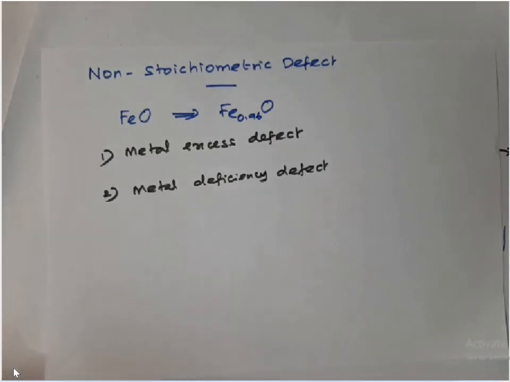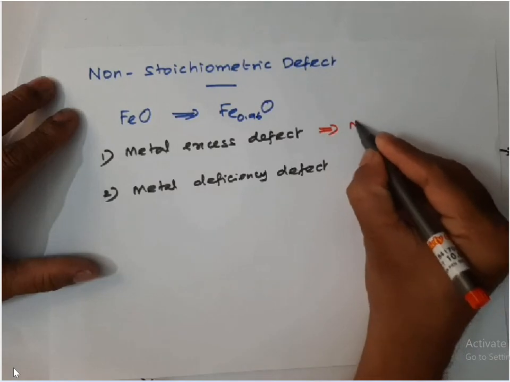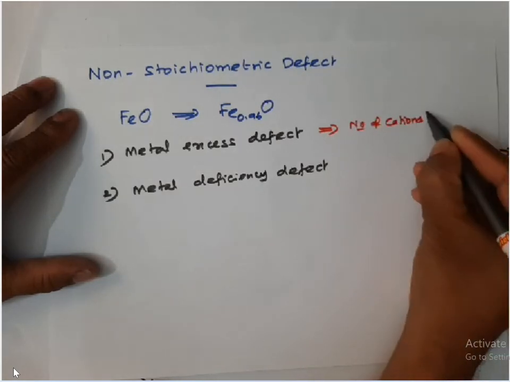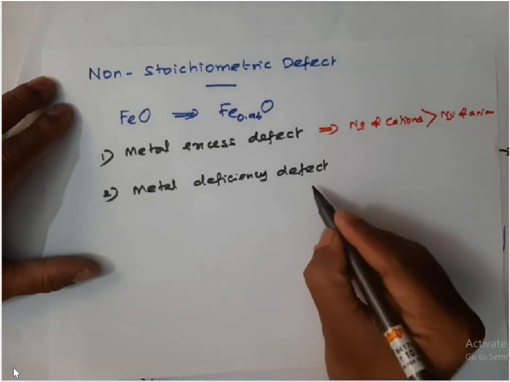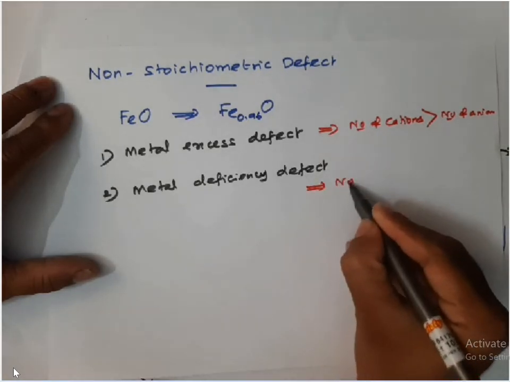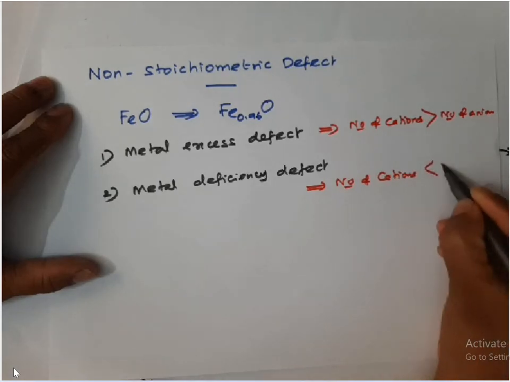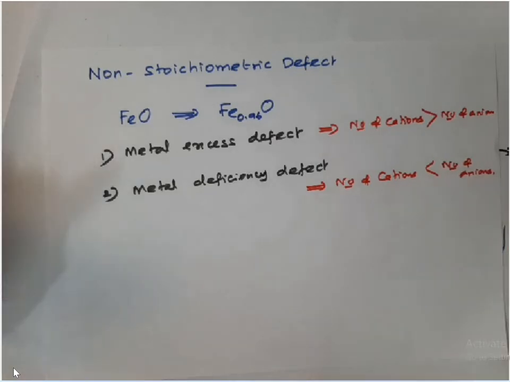So in metal excess defect, what we mean is the number of cations is more compared to the number of anions. That's the meaning. In metal deficiency defect, the number of cations is less compared to the number of anions. Students, is this clear?